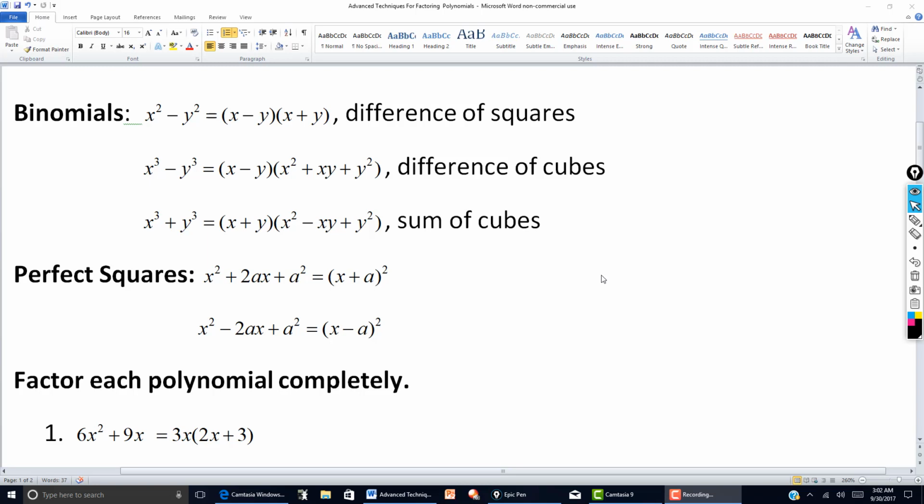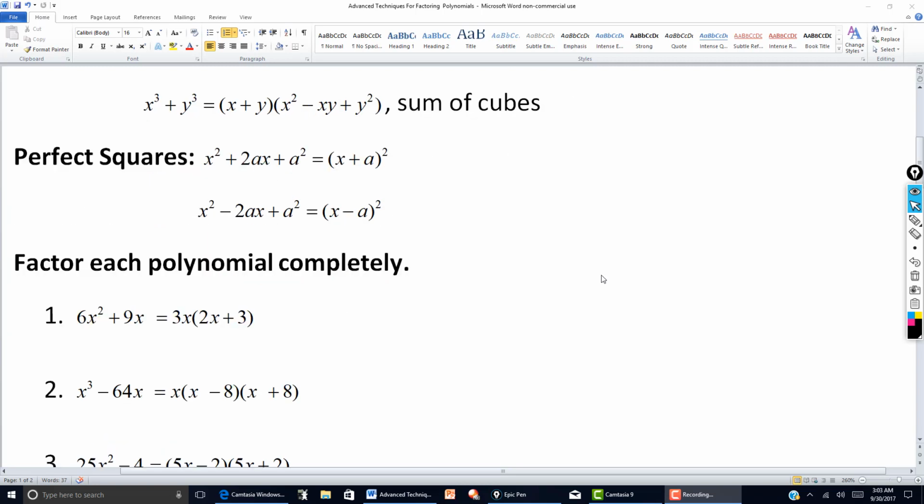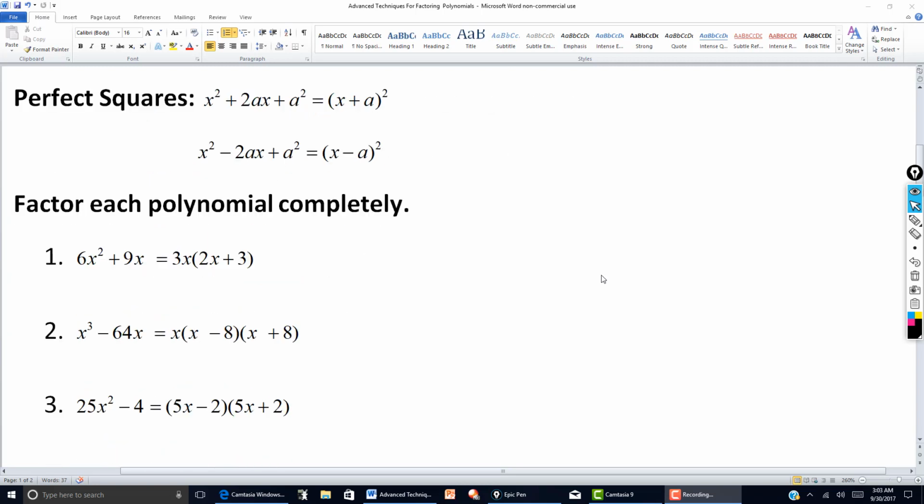If it's a binomial, you look for difference of squares, difference of cubes, or sum of cubes. If it's a trinomial, you look again for a common factor, and then you try to factor the trinomial using a trial and error method. And if you have more than 3 terms, we look at a grouping method.